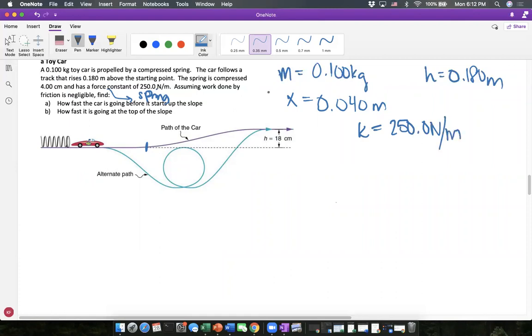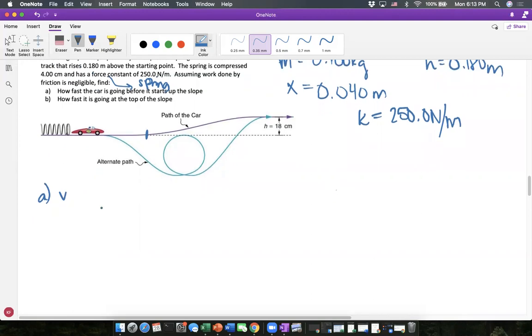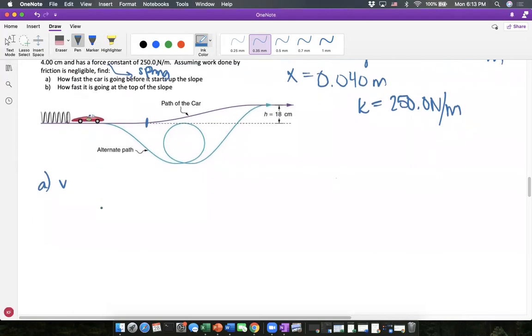Okay, so this is all the things that we know. Now we want to know the speed right before it starts up the slope. So let me go ahead and scroll a little bit. I'm going to say we want to know some final speed.